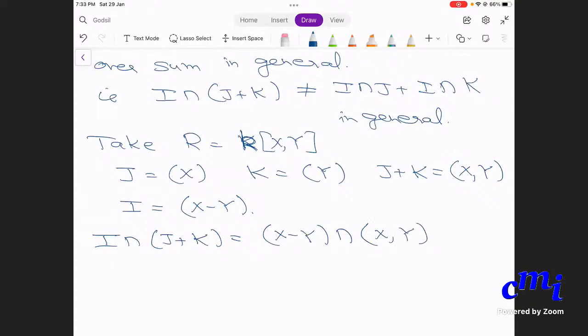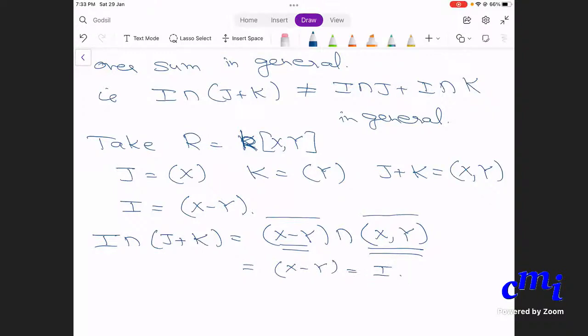But here you notice one thing. Notice that the element x - y already belongs to this ideal, right? The ideal generated by x - y certainly contains the element x - y. That means the whole ideal generated by this is a subset of this. That means the intersection is just (x - y). So I ∩ (J + K) is just I itself in this example.